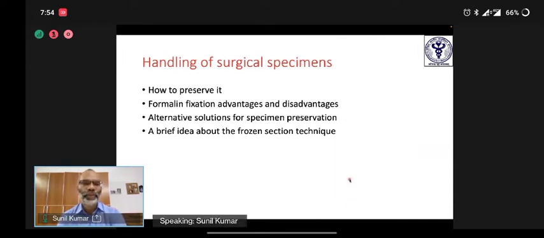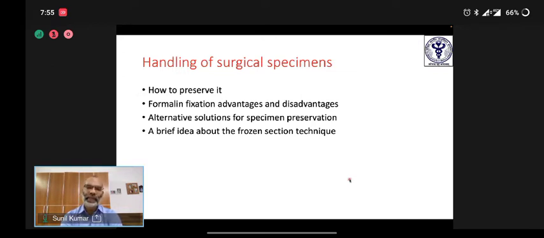So let's come now to how to handle a surgical specimen, because these are certain points you will be asked to describe. What are the ways to preserve it? The most common way is to go for formalin fixation, because it has certain advantages: it's cheaper, easily available, and it can be prepared easily inside the operation theater also.